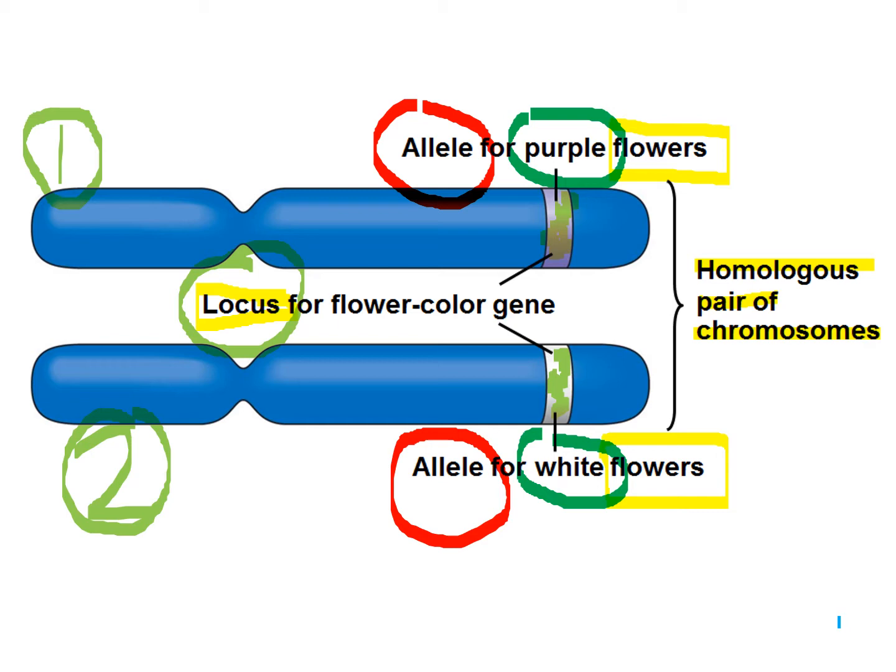And generally what we find is that one allele is dominant over the other allele. So if we make the assumption that purple color is dominant over white color, it means that when we have these two alleles in combination, purple color will be expressed in your flowers.